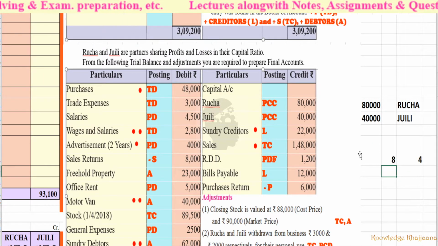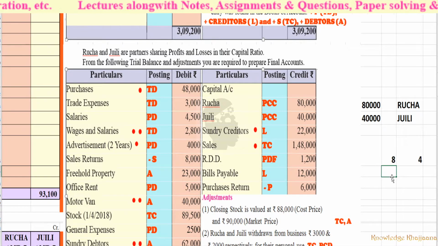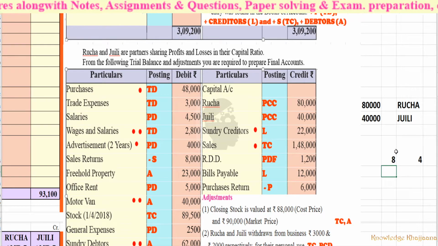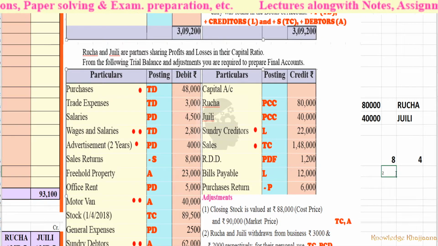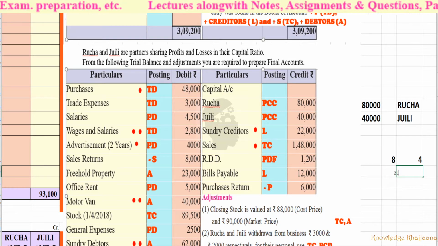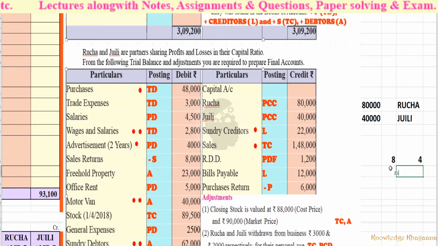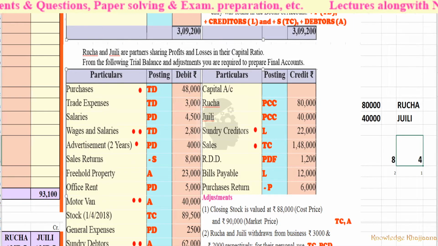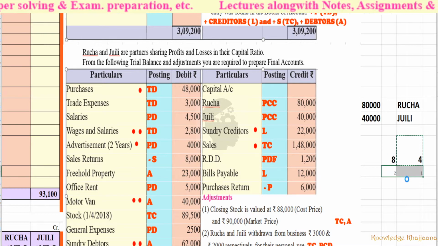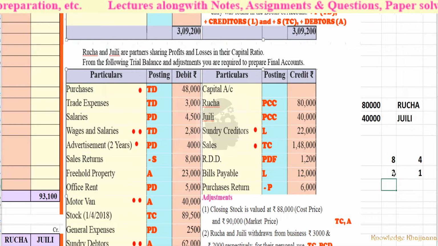If we bring them to the lowest value, that is the LCM, it will be 2 is to 1. Why 2 is to 1? Because 8 is 2 times of 4. So the profit sharing ratio between them is 2 is to 1.